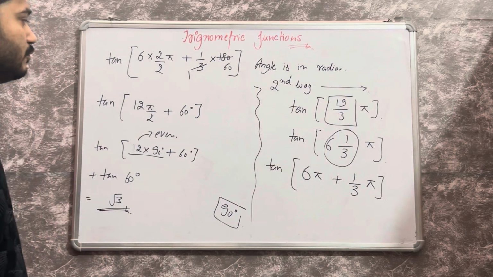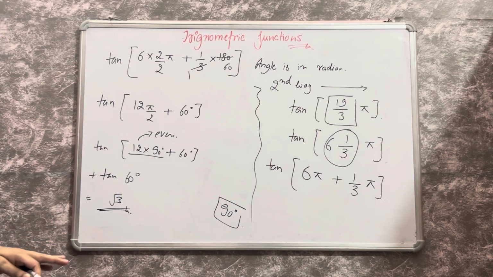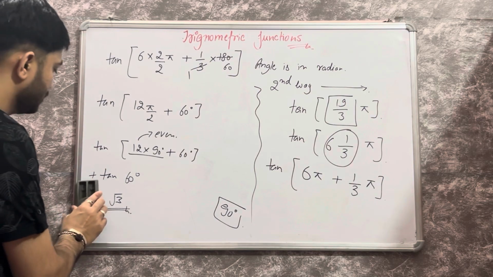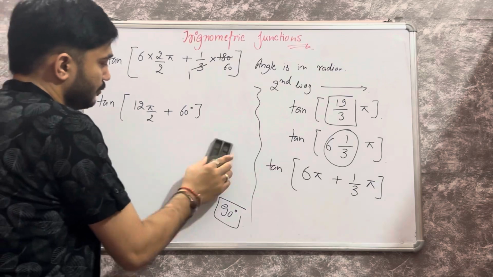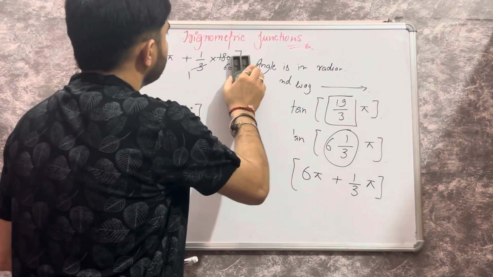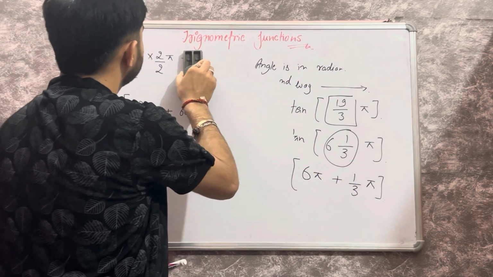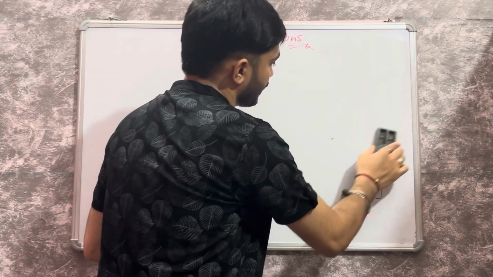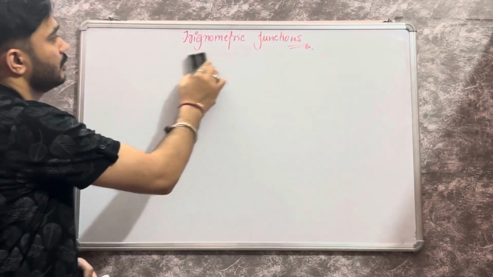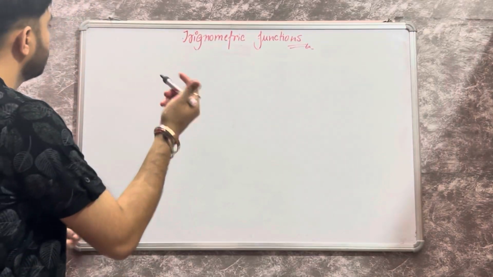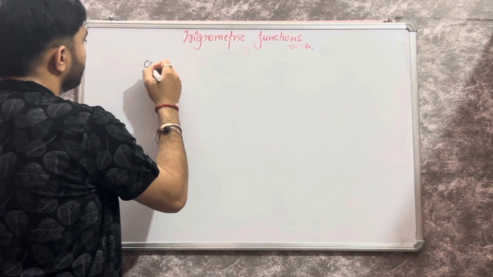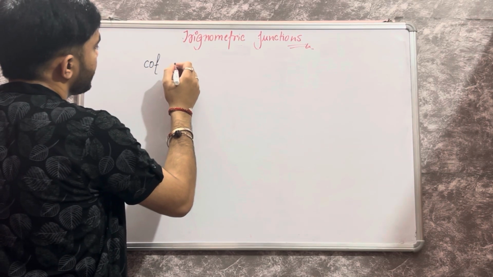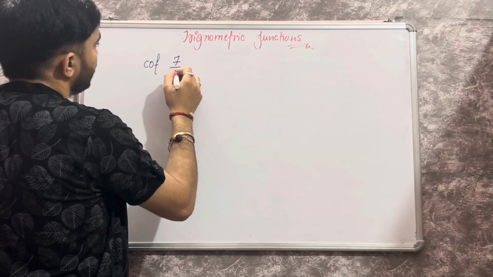We are going to solve one more example in order to get a better perspective of the question. For example, let the question be cot 7 by 4 pi.